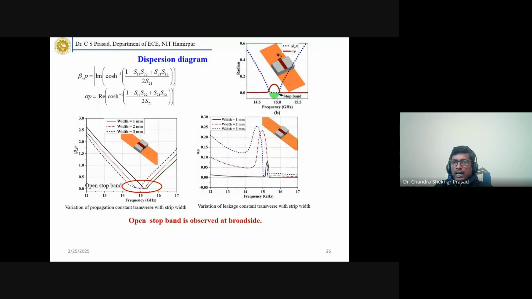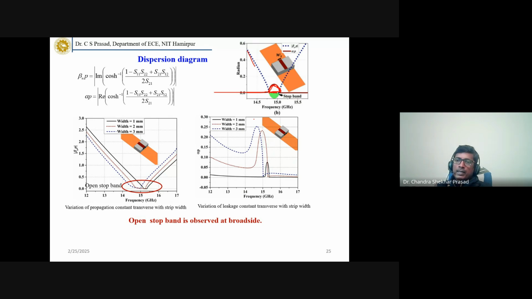And if you plot this omega-beta diagram, we'll see a graph like this. Here this is your alpha part, and this dotted line is your beta part. If you see this region, here your beta is 0. Beta is 0 means the wave is not propagating, and your alpha is suddenly very high. This very high alpha does not represent the leaked power. Since beta is 0, the wave is not propagating, so we have a standing wave.